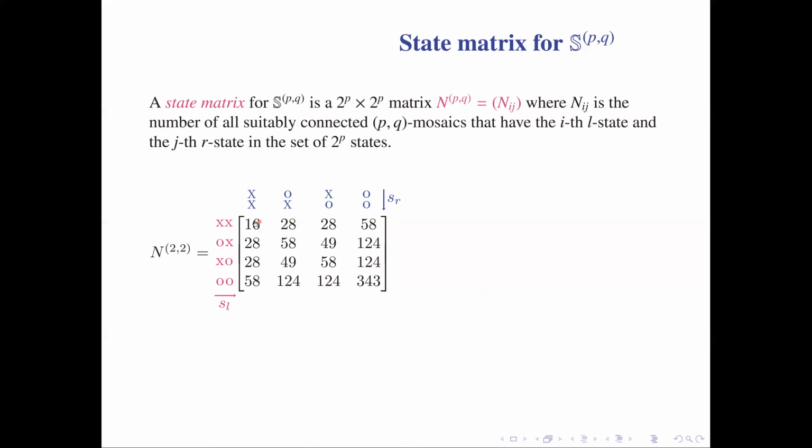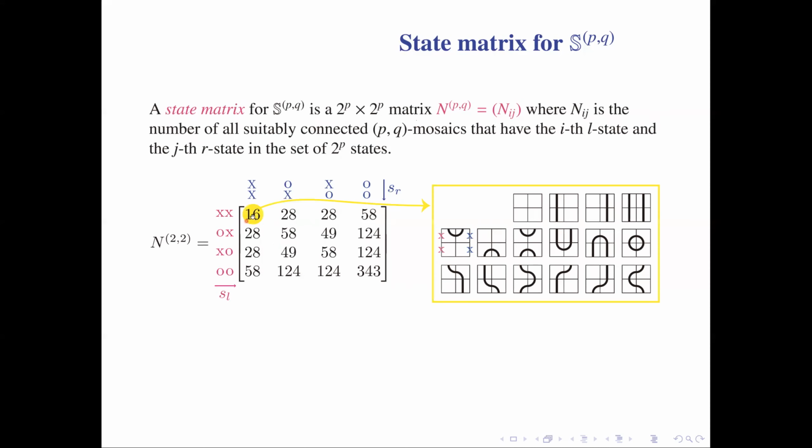So here 16 in yellow means that there are 16 suitably connected 2 by 2 mosaics with XX L state and XX R state.